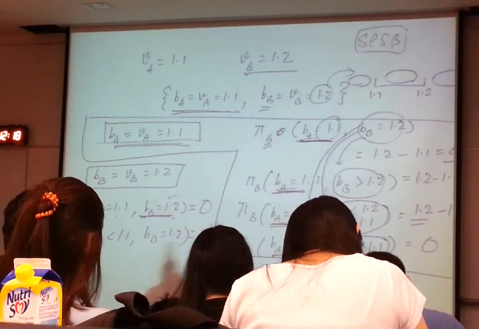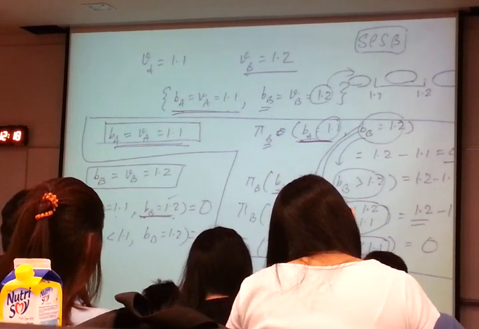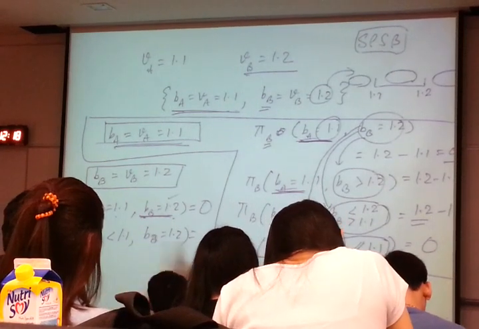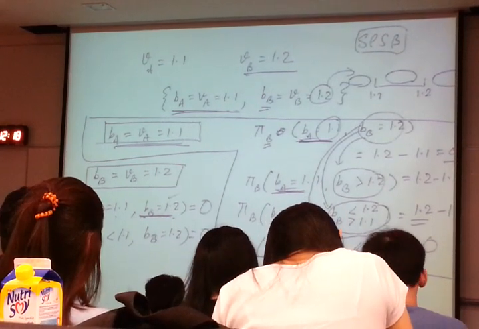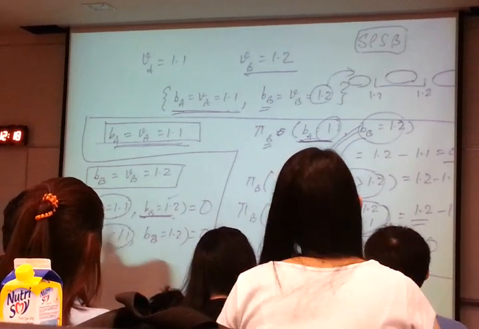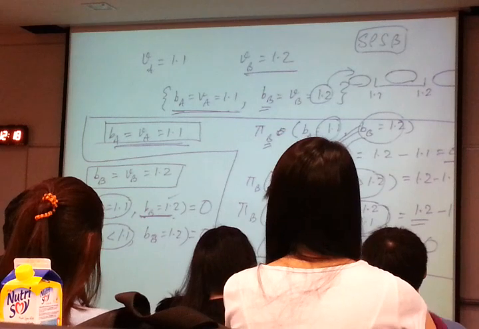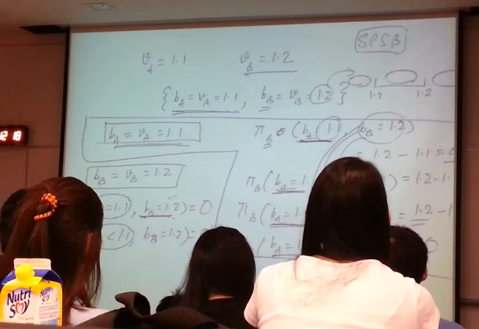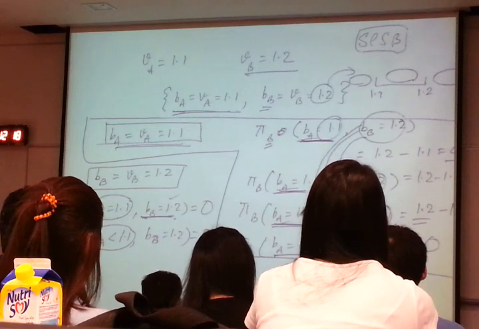Bert will still win the auction, and Alex's payoff will be 0. Then you ask yourself, does Alex have any incentive of switching from this strategy to this strategy? And the answer will be no. You do it for all other possible combinations of Alex's strategy. I leave it there.